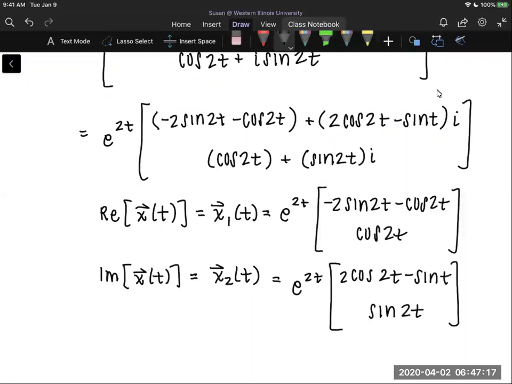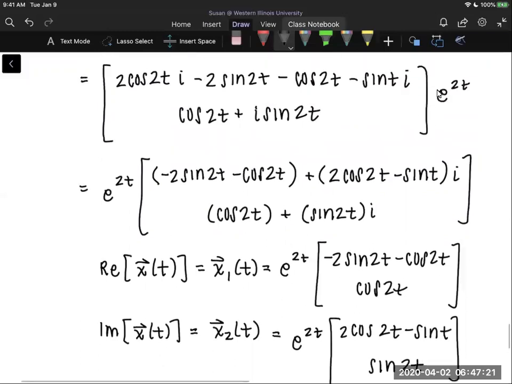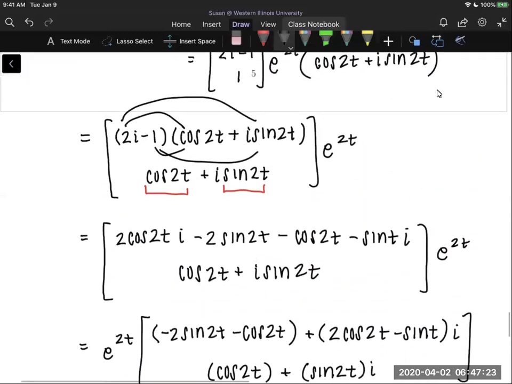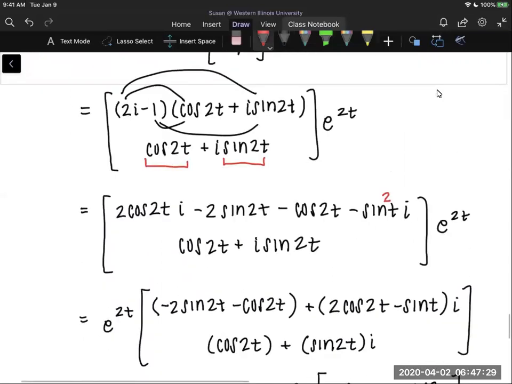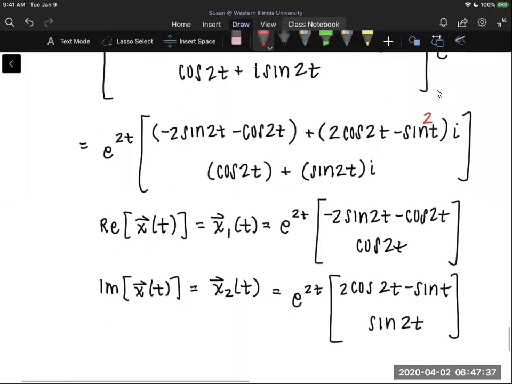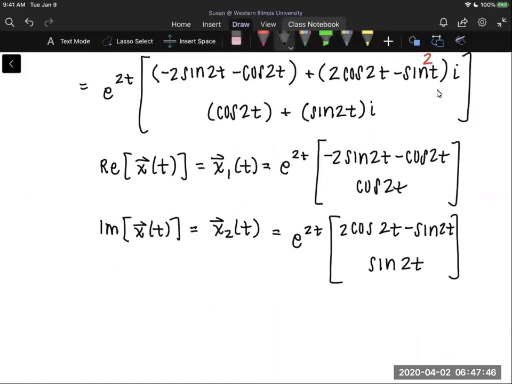Oops, I just noticed here, somehow I dropped a 2t. Where did that occur? Right here. So I just noticed it sneak in a little 2, not a big deal. But from here to here, somehow I lost it. And so then let me fix that right down here. This should have a 2t.